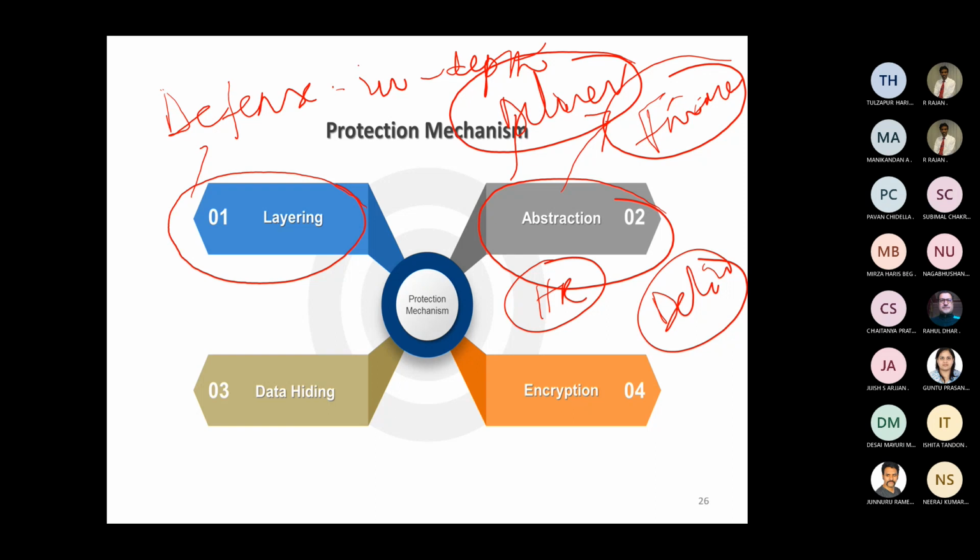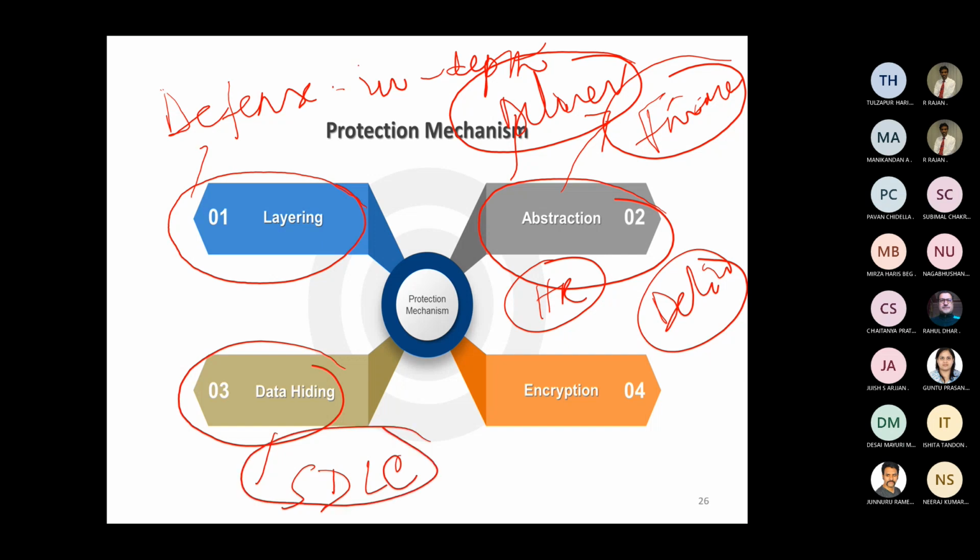The third principle is data hiding. Data hiding must actually happen from the software development lifecycle, SDLC. Now, the software engineering principles must be used in detail, even at the point where the development happens. Let's say there is a development which happens, and you use object-oriented programming. So in object-oriented programming, what happens?